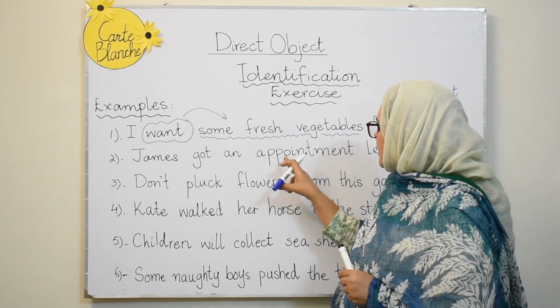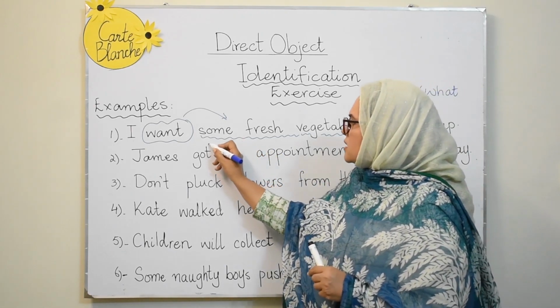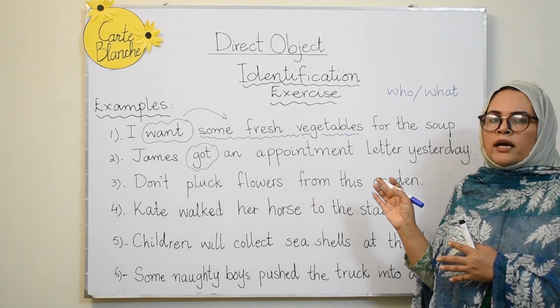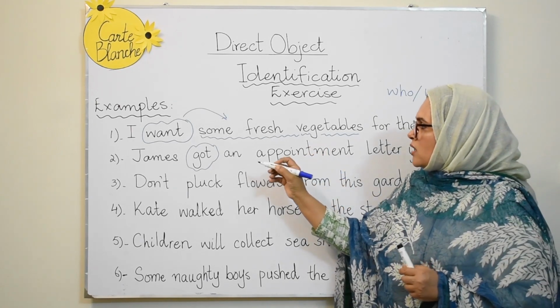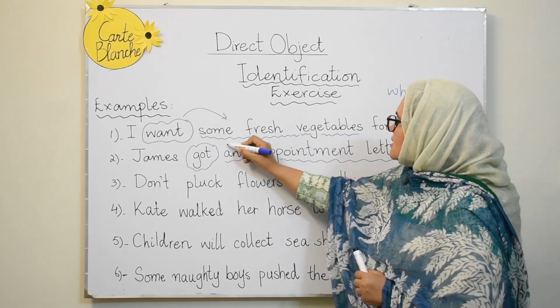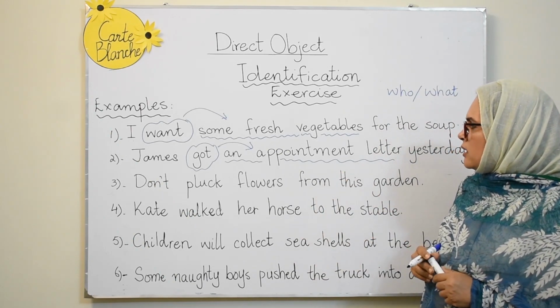James got an appointment letter yesterday. Now, James got what? Now the question is what or who? Of course we don't have who over here, we just have the answer of what. So James got what? An appointment letter. So this is the direct object. Let's go to the next one.